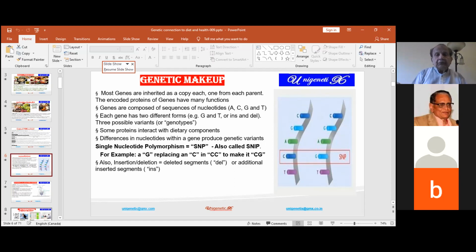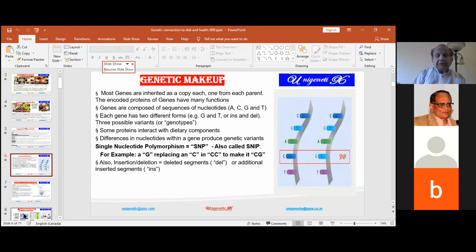Each gene has 2 different forms. For example, G and T, or insert and delete. A particular gene segment could be inserted by the father or the mother, and its corresponding place is not there in the other parent, or it could be deleted. So these are the variants. Some proteins interact with dietary components that we know.